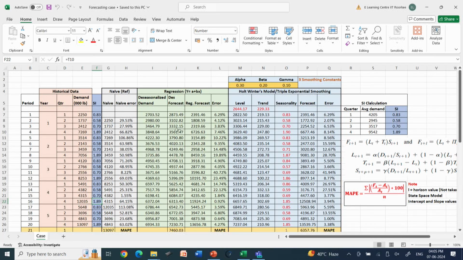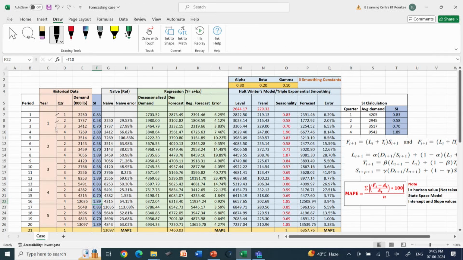Here, if we see the data available to us, it is slightly longish data, so that we can understand the calculations in a better way. We have given you the data of 5 years, and every year is divided into 4 quarters: 1, 2, 3, 4.